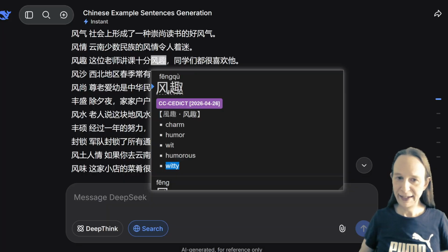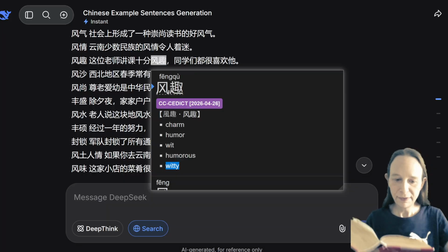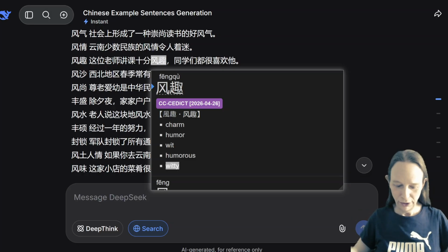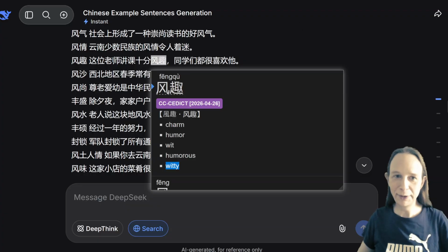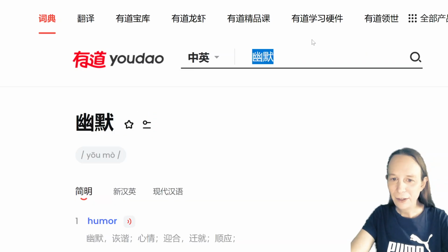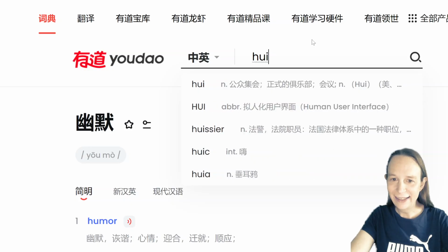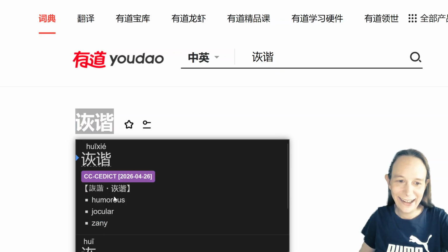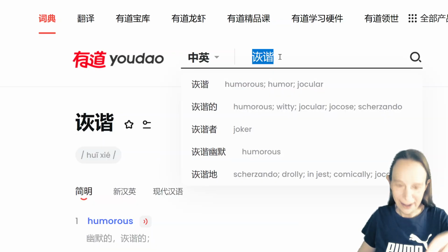风趣 in the dictionary: 风趣，幽默或诙谐的趣味。The 幽默 you probably know. It's also an English word. 幽默, humor, and 诙谐 is something like jocularity. I don't know how to explain this. Zany, jocular, 诙谐.